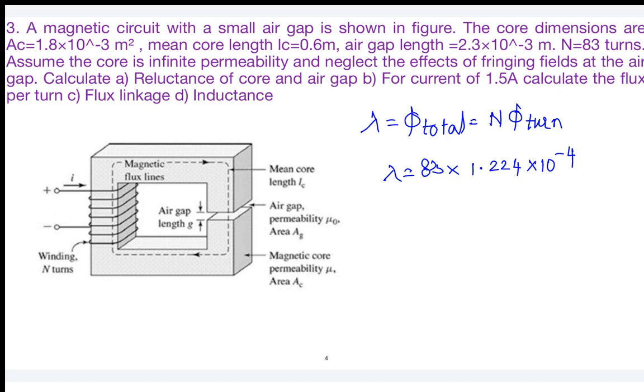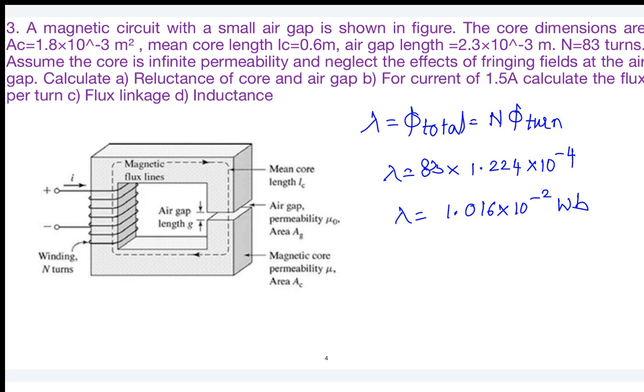So you can simplify that value. 10.76 milliwebers, correct? Yes, you are going to get 1.016 into 10 power minus 2 webers. This is the total flux linkage. And if you are done with that, calculate the inductance also.